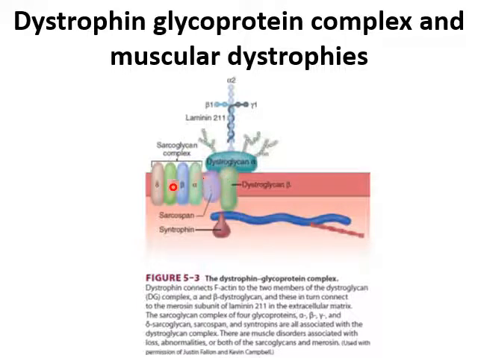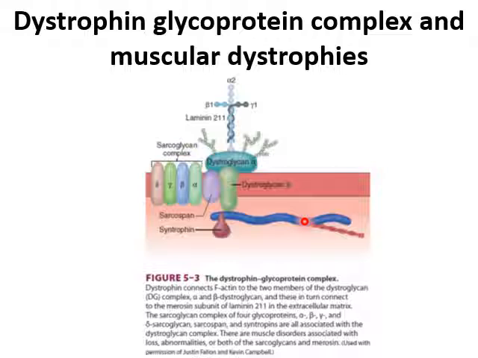Adjacent to it, other transmembrane proteins which help in scaffolding the actin are the sarcoglycan complex consisting of 4 subunits. So the main function of this dystrophin glycoprotein complex is to provide extra strength to the muscle by providing scaffolding to the fibrils, that is mainly the thin filament.